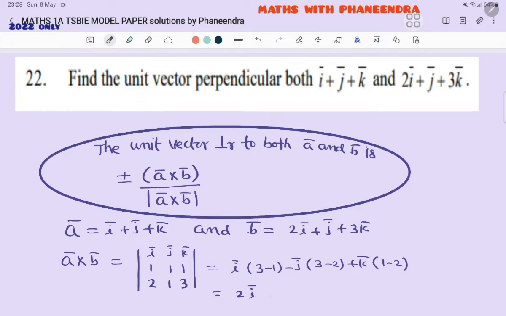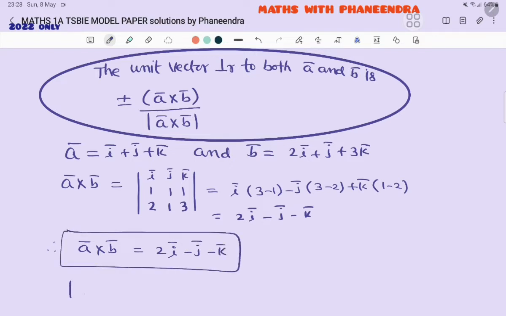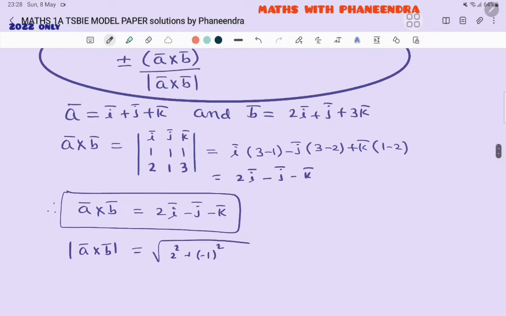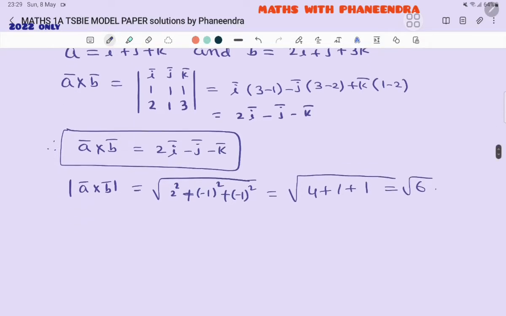So 2i minus j minus k. Therefore A bar cross B bar is equal to 2i minus j minus k. So the magnitude of A bar cross B bar equal to square root of 2 square plus (minus 1) whole square plus (minus 1) whole square, that is equal to square root of 4 plus 1 plus 1, which is equal to root 6.